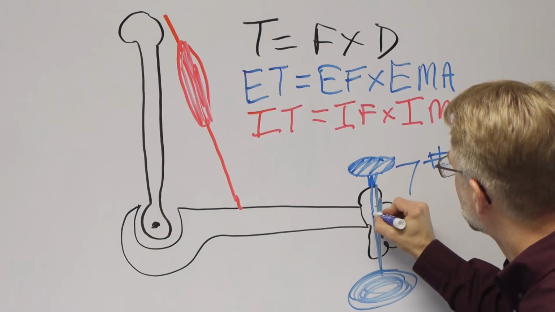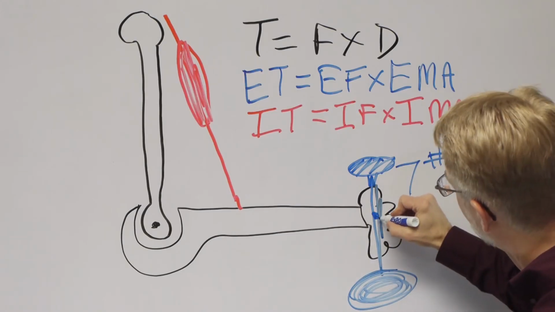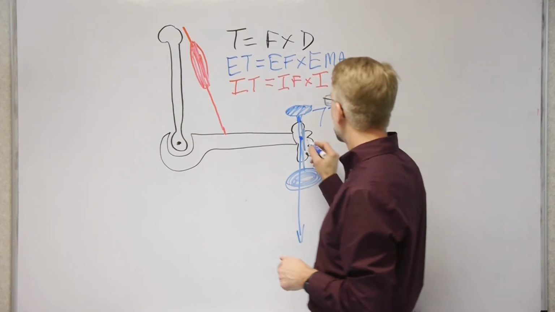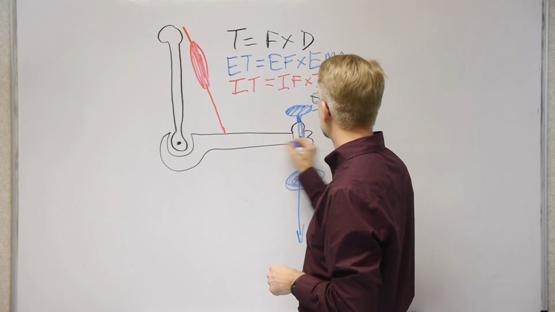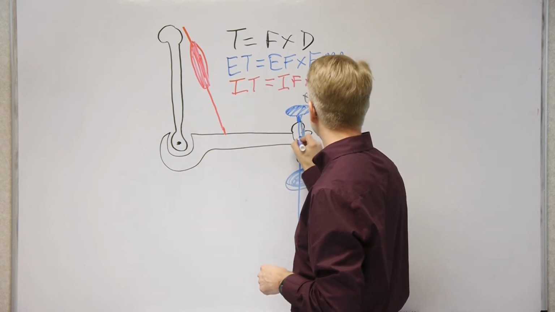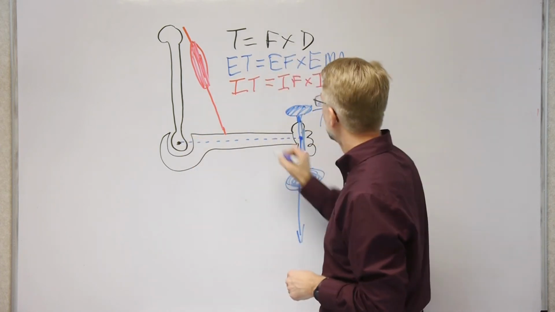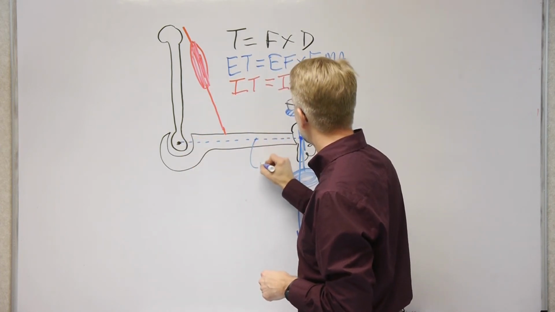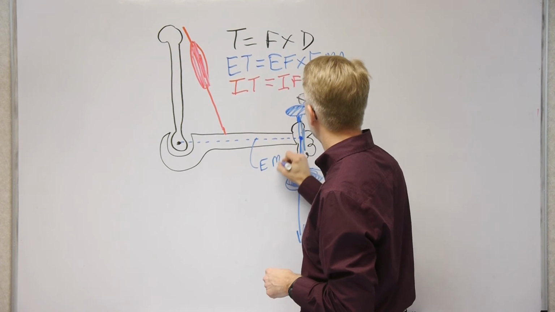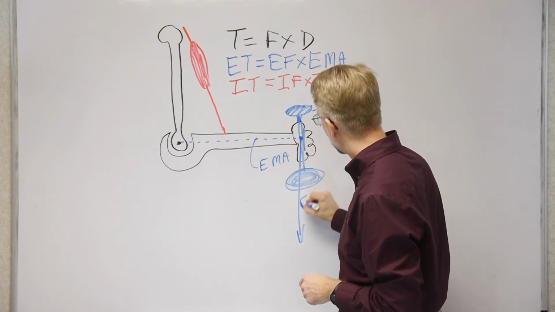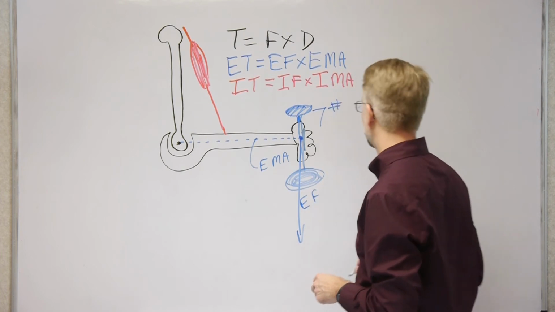It's from the center of gravity, wherever that is, and straight down, because that's how gravity works. A line drawn perpendicular to that to the axis of motion is going to look something like that. And so this then is our external moment arm. Here we have our external force. Okay?